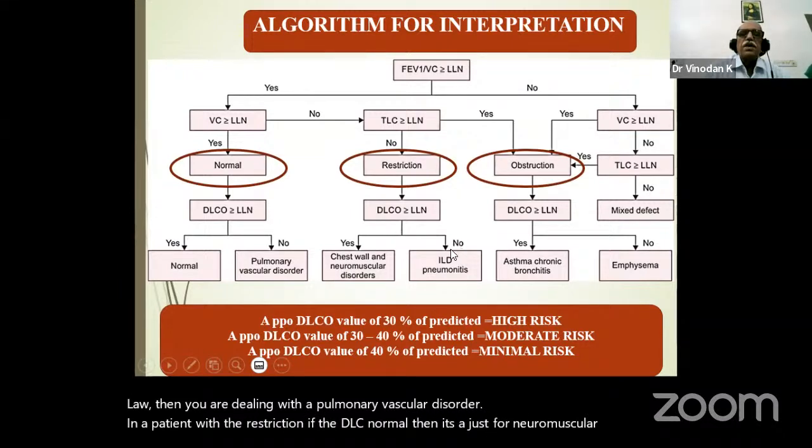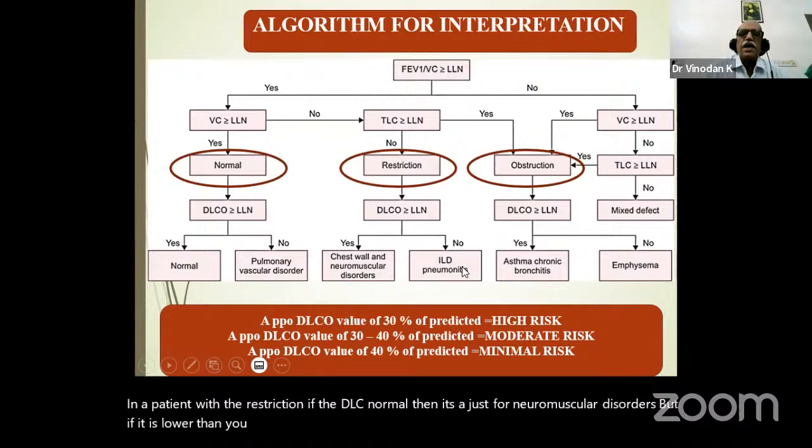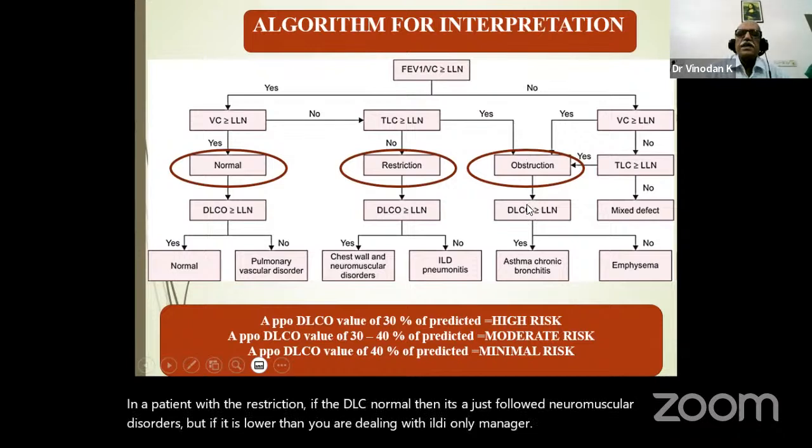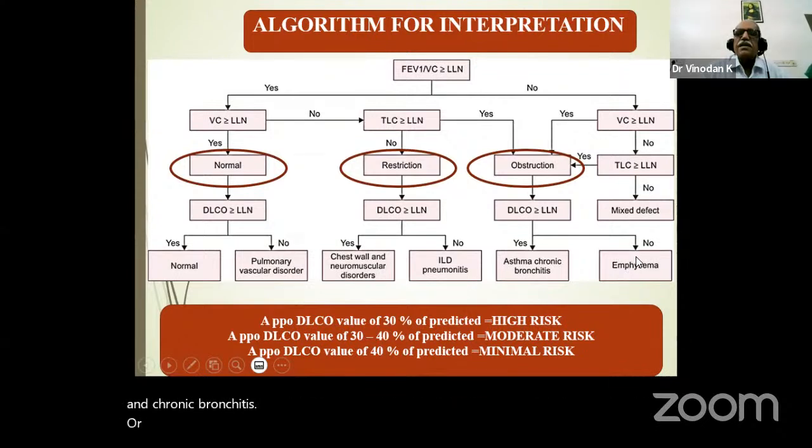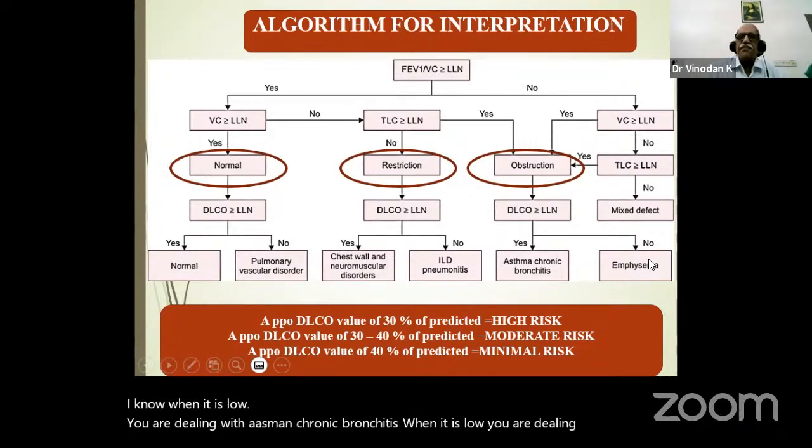But if it is lower, then you are dealing with ILD or pneumonitis. In a patient with obstructive disorders, when it is normal, then you have a patient with asthma or chronic bronchitis. When it is low, you are dealing with emphysema.